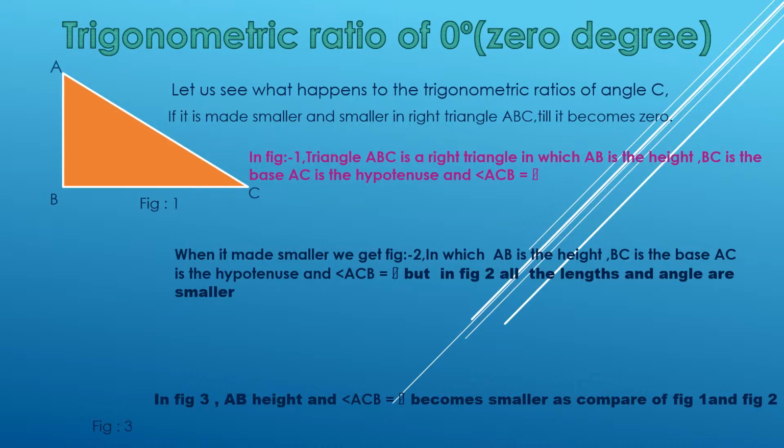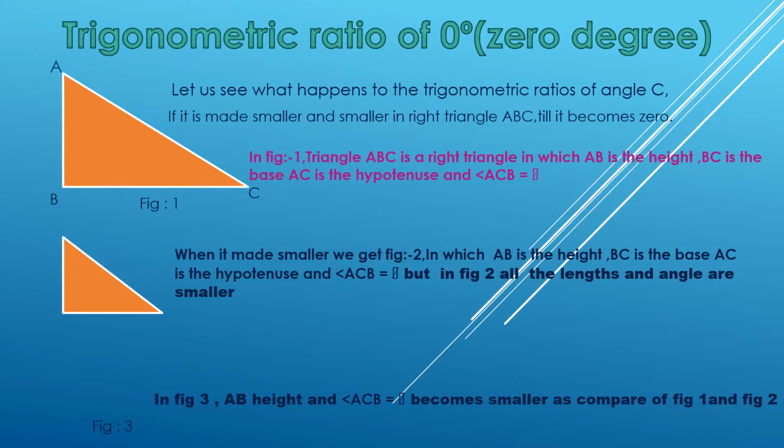In figure 2, ABC is a right triangle in which AB is the height, BC is the base, and AC is the hypotenuse, and angle ACB is equal to theta.